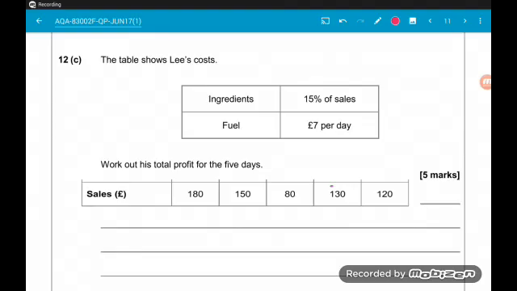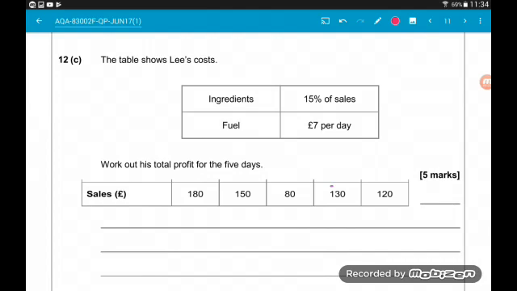Okay, and then for part C, the table shows Lee's costs. So his costs are 15% of the sales for ingredients and £7 of fuel per day. We're asked to work out his profit for the 5 days. So profit is the amount of money made minus the costs. So let's first of all work out the amount of money that Lee makes.